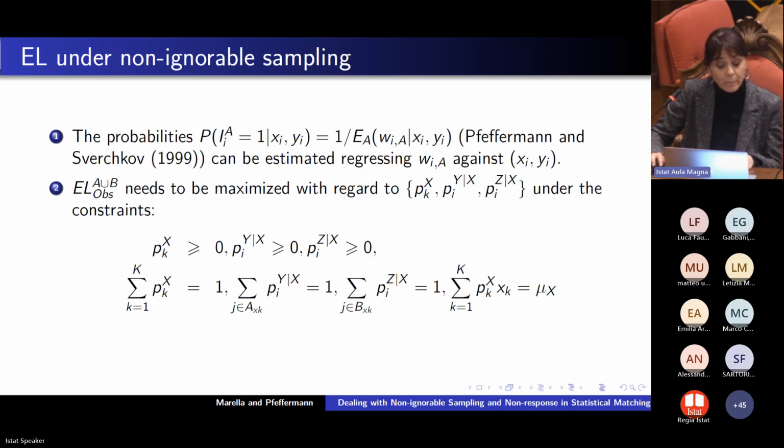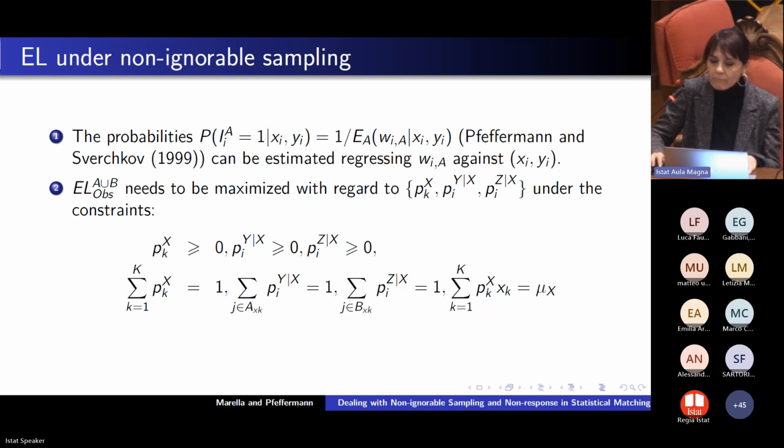Now, this probability can be estimated according to this relationship outside the likelihood by regressing the sampling weights against x_i, y_i. And then the estimate can be inserted in the empirical likelihood, and this means that the likelihood needs to be maximized just with regard to the population parameter, that is, just with regard to this probability, under this constraint, where the last constraint is the calibration constraint because it is due to the knowledge of the population mean of X.